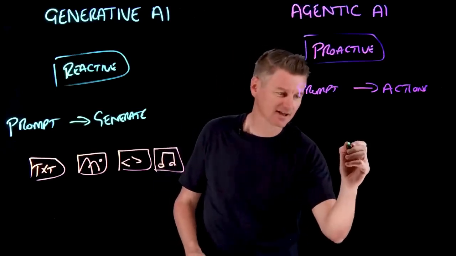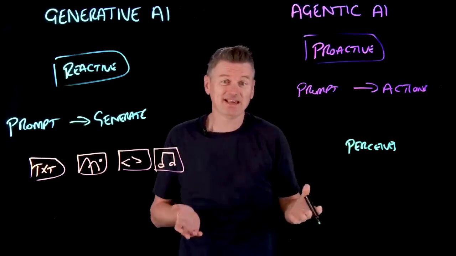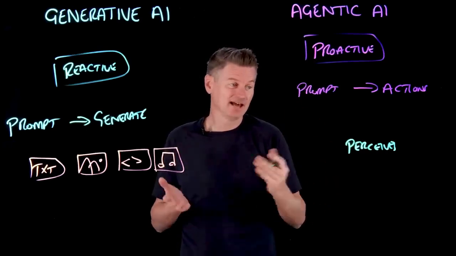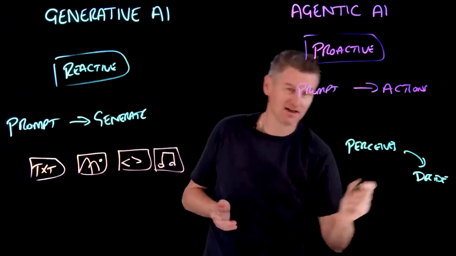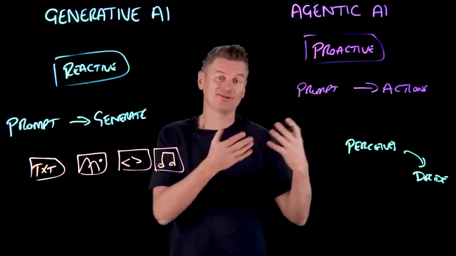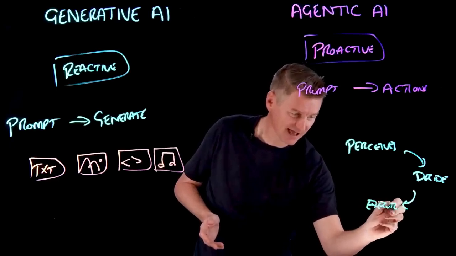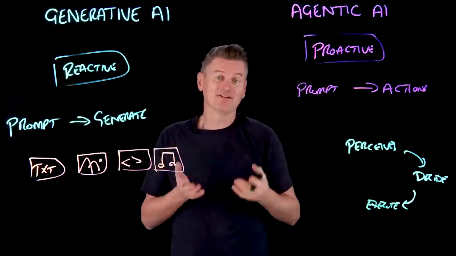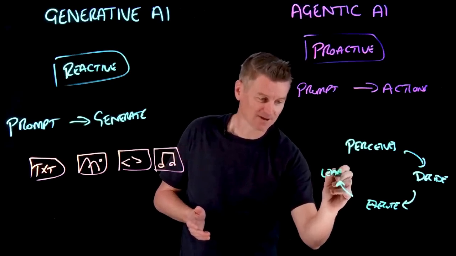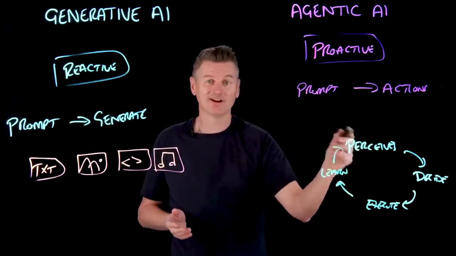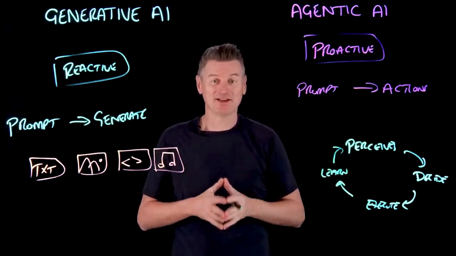So the way this works is it first of all perceives its environment, if you like. And then once it's done that, it can decide an action to take. Once it's decided that action, it can then execute that action. And then once that action has been executed, it can learn from the output. And then round and round we go, all with minimal human intervention.